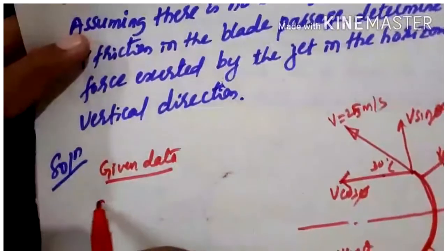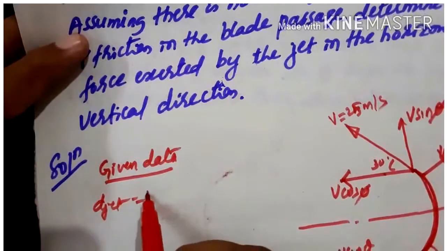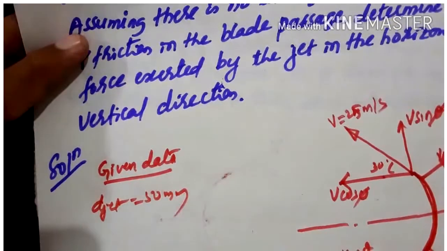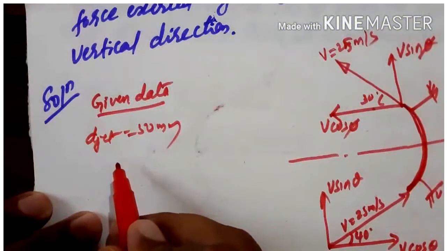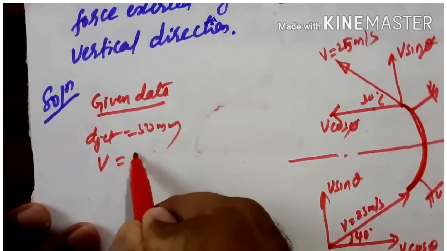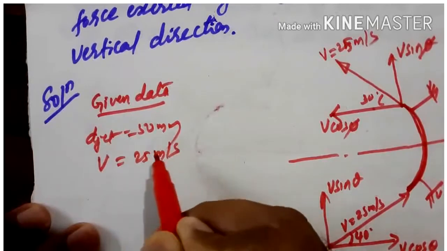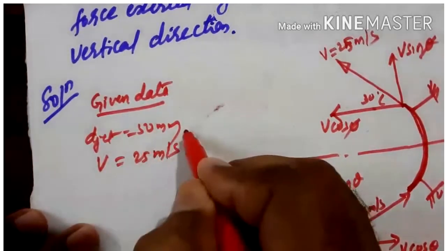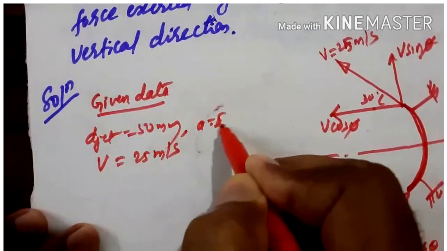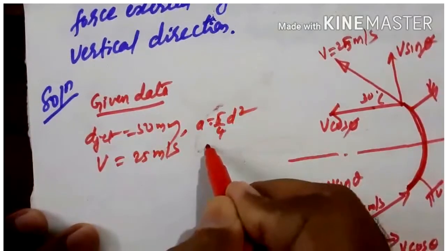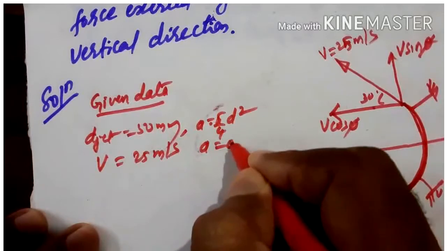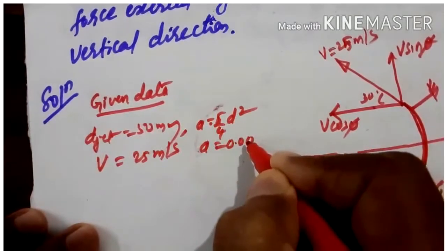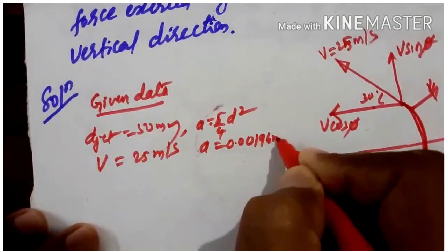Here the diameter of the jet is given as 50 mm, and the inlet and outlet angles are also given. Velocity is given as 25 meter per second. Then calculate the area, pi by 4 d square, and you will get 0.00196 meter square.